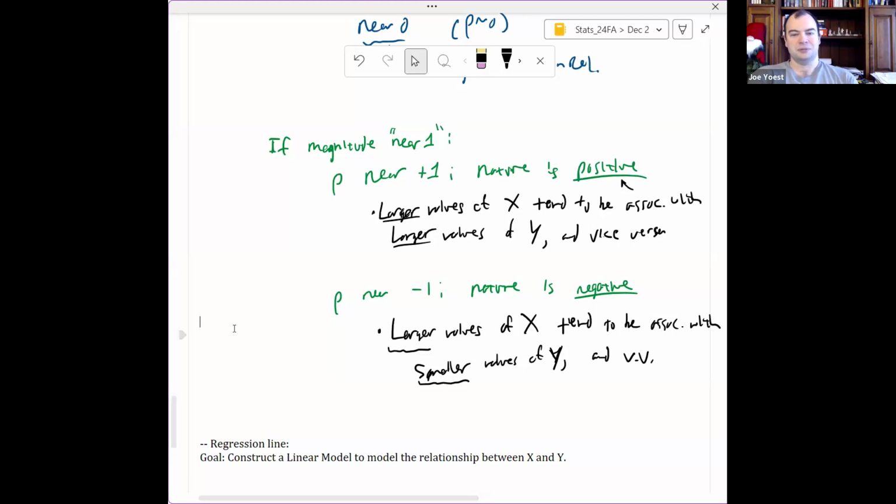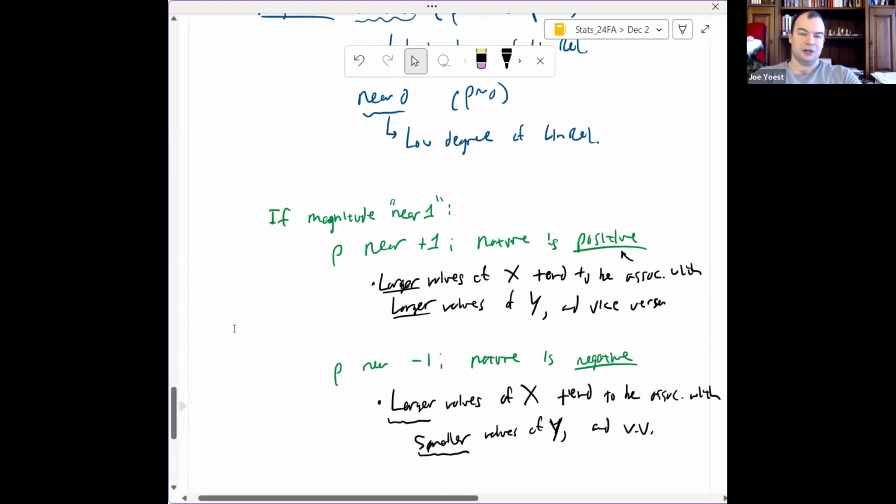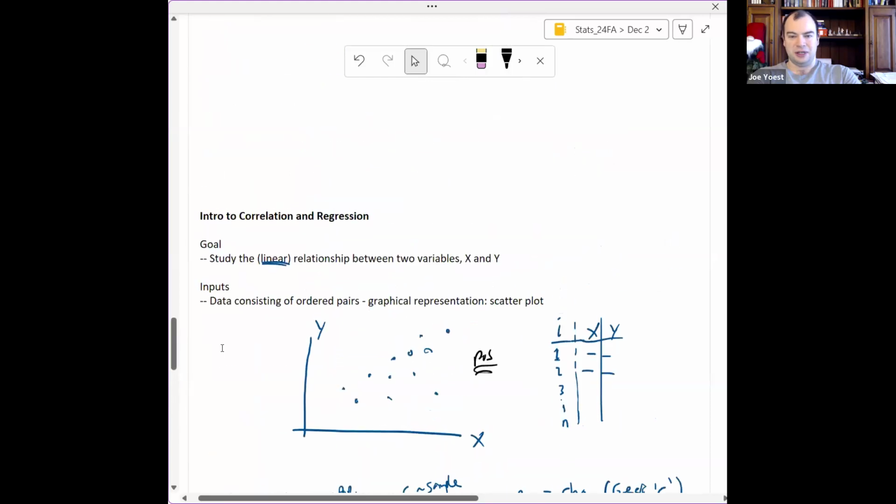Now, of course, there certainly were lots of people with fewer years of education who weren't unemployed, and there were certainly people with a lot of years of education who were unemployed. It's important to remember that all important quote from George Box: all models are wrong, some models are useful. So this is, at the end of the day, a linear model. We're modeling the linear relationship.